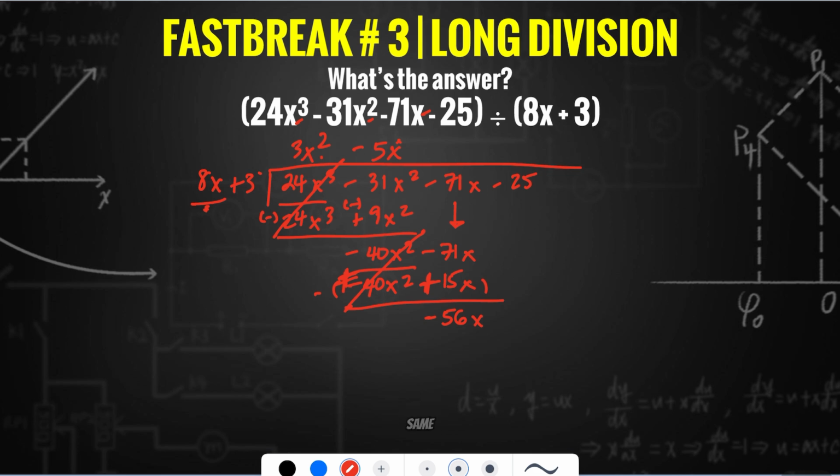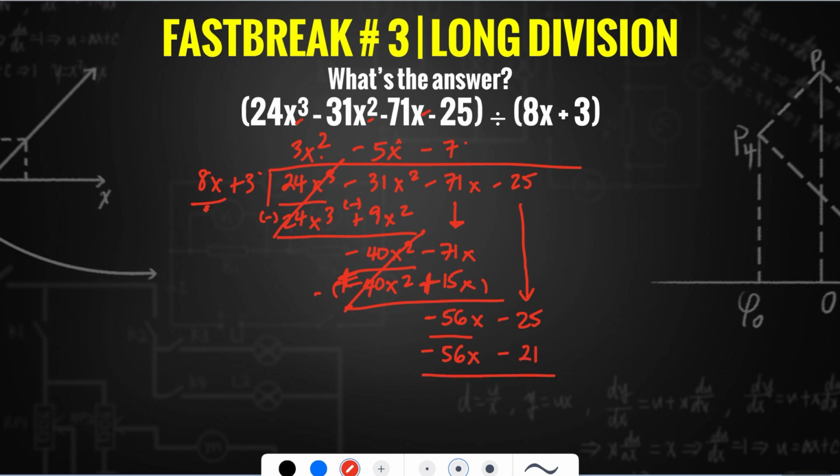Did you get the same answer? And then bring down negative 25. And then repeat the process. Negative 56x divided by 8x, we have negative 7. Correct? And then negative 7 times positive 8x, you have negative 56x. Negative 7 times positive 3, we have negative 21.